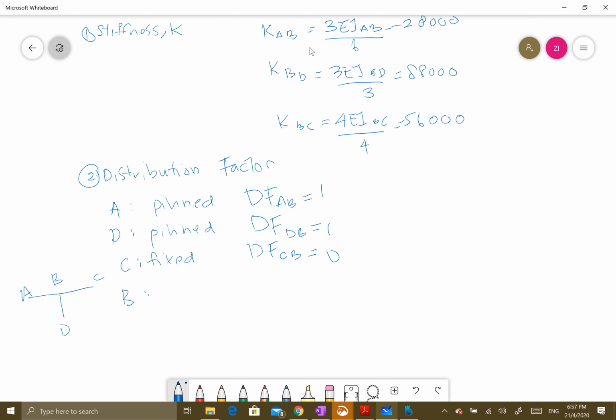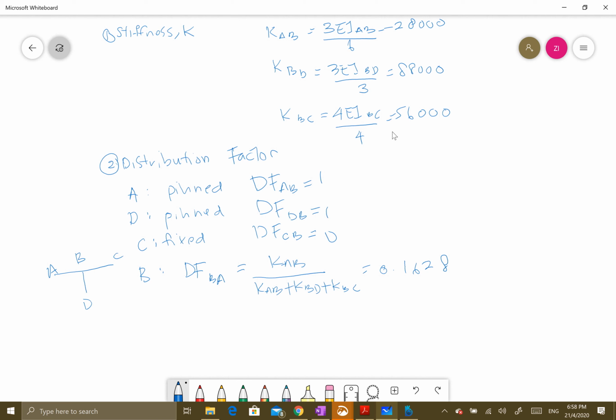Okay, so DF BA equals to K AB divided by K AB plus K BD plus K BC. So we will get it as 0.1628.